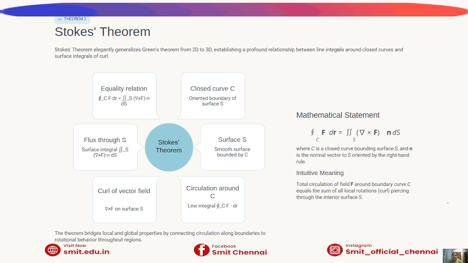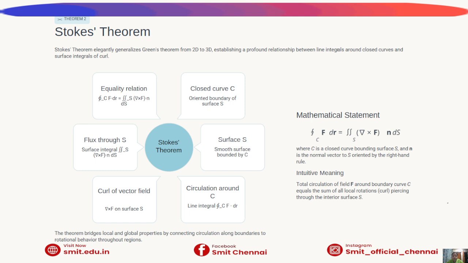Work around C matches vorticity penetrating S. In fluids, loop calculation equals vorticity flux through any bounded surface. The mathematical statement shows the line integral of F dot dr is equal to the surface integral of (del cross F) dot n dS, where C is the closed curve bounding surface S, and n is the normal vector, with S oriented by the right hand rule.